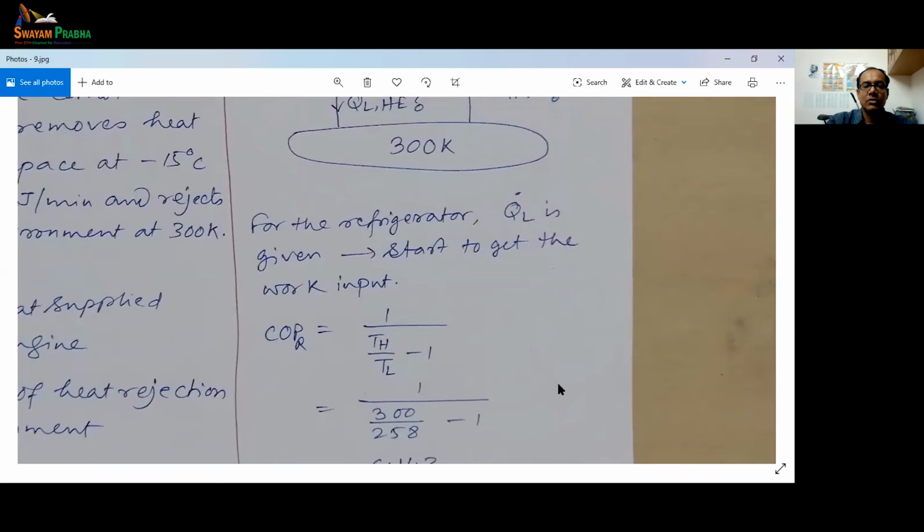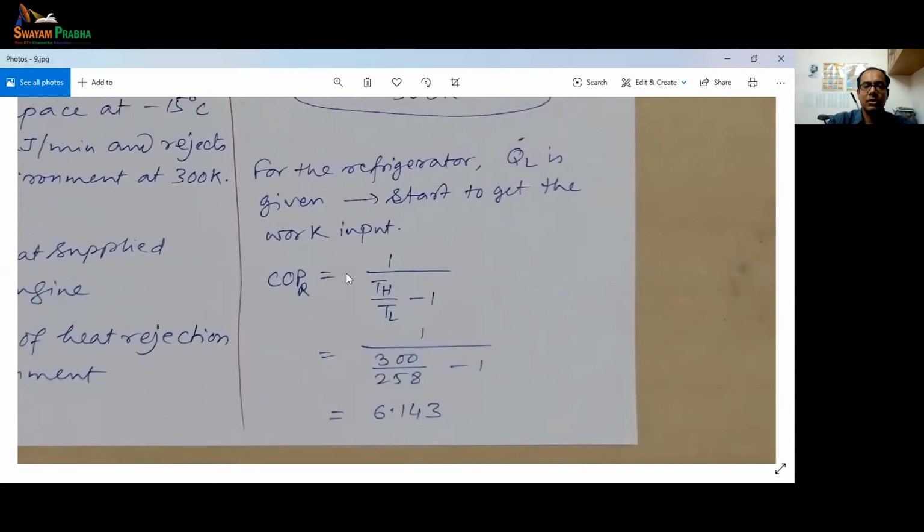So now for the refrigerator also we know both TH and TL. TH is the high temperature reservoir where the refrigerator is dumping heat, that is 300 Kelvin, and the other one is where it is sucking heat from, that is minus 15 degrees centigrade. If you convert it to Kelvin, it will be 258 Kelvin.